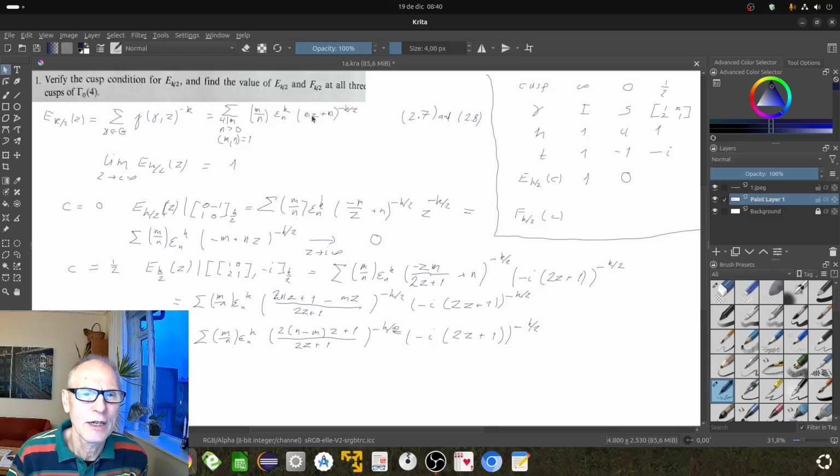If it's set to minus k half, that will turn to naught. Oh, yeah, so if n is distinct from m, it'll turn to naught. So we only need to take into account the case where n equals m.